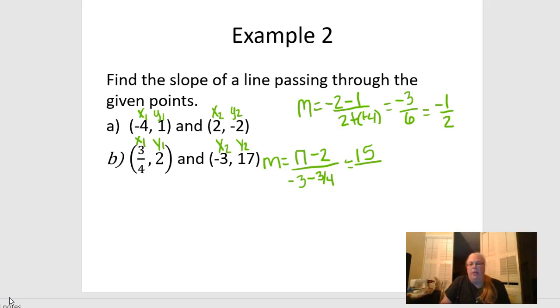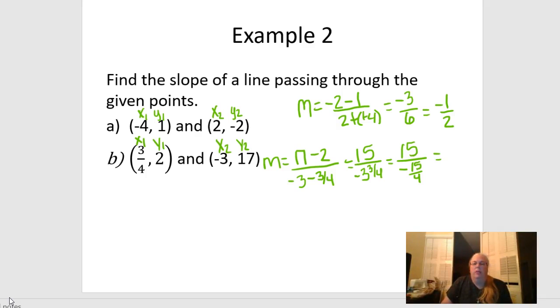And negative 3 minus 3/4, that's negative 3 3/4. As an improper fraction, remember how to do that? You multiply 3 times 4 and then add that 3 right there. You're going to have 15 divided by negative 15 over 4.